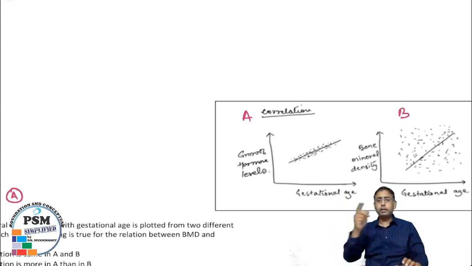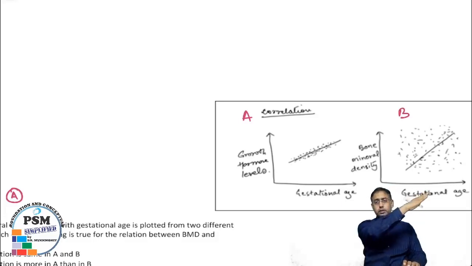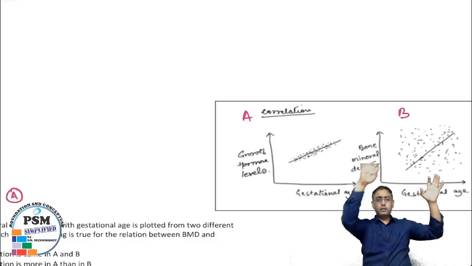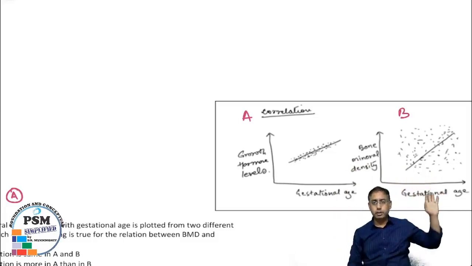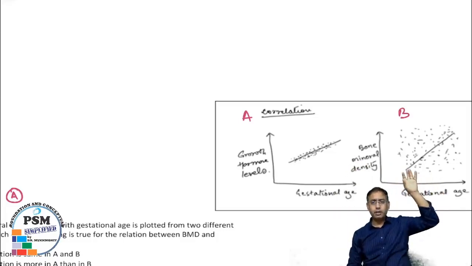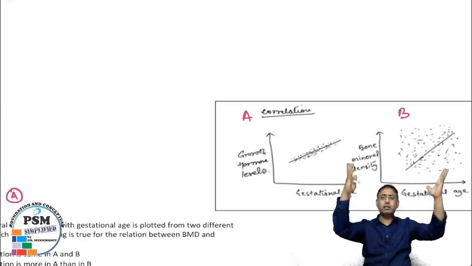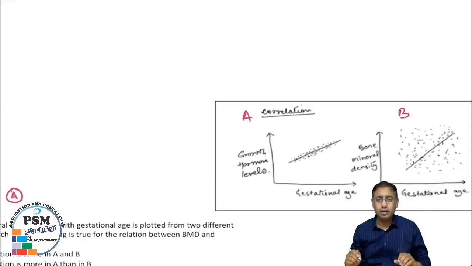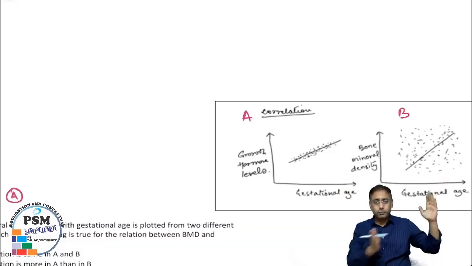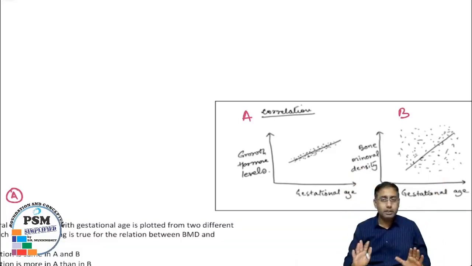But if you look at the other curve, the values are sparsely placed, as you can see here. Somewhere you'll have values, somewhere on the other side. These are scattered values. They are not very nicely correlated. So what type of correlation? Of course, the vector looks like this, but this type of correlation is non-significant.